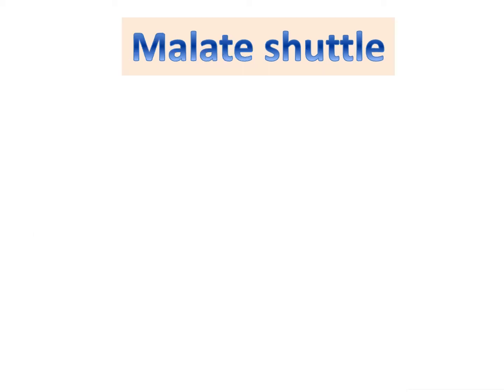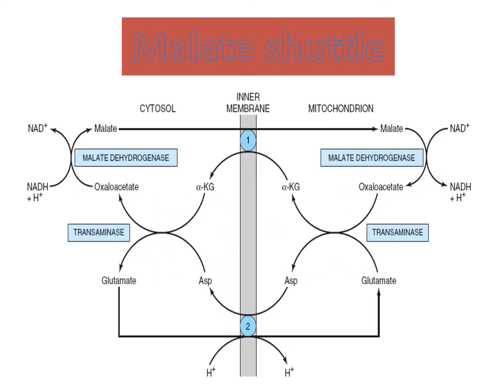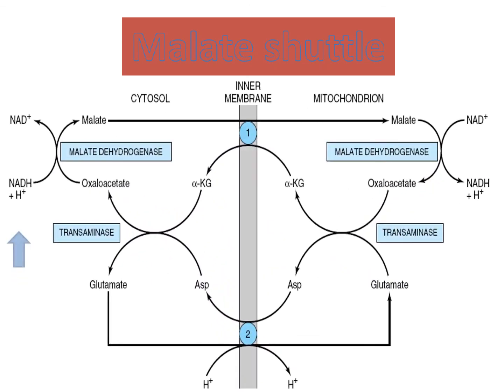In the malate shuttle, NADH, which comes from glycolysis, is oxidized by the enzyme malate dehydrogenase, which converts oxaloacetate into malate. That means the 2 hydrogens from NADH are taken by oxaloacetate to be converted into malate, and the malate can pass through the inner mitochondrial membrane.